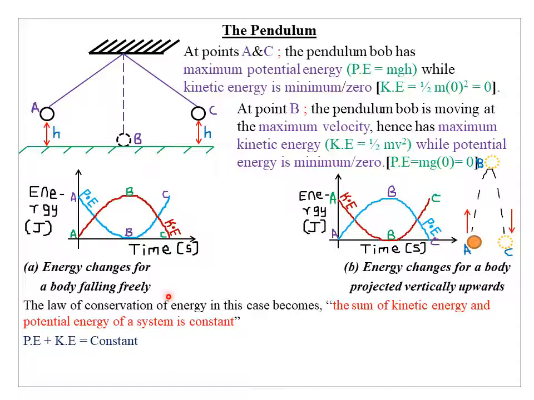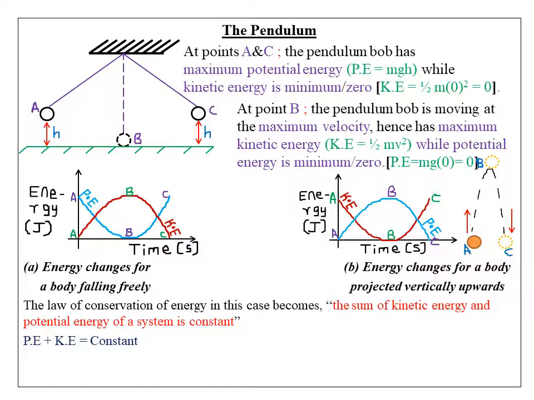Therefore, the law of conservation of energy in the case involving kinetic and potential energy is that the sum of kinetic energy and potential energy of a system is constant. Sum in mathematics simply means addition. So if you add potential energy and kinetic energy for a system that is not being interfered with by external forces, then the sum should give you a constant value, or a value that is not changing.